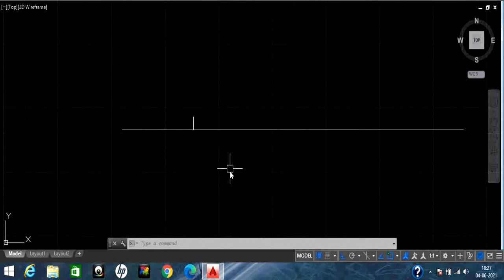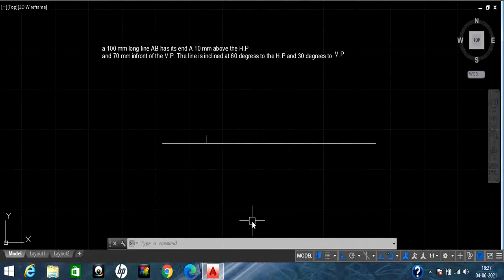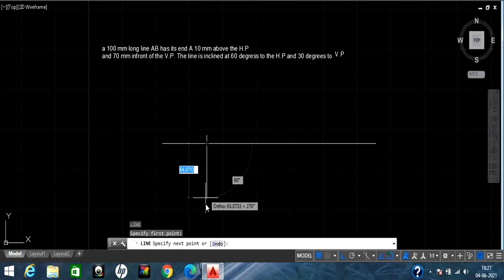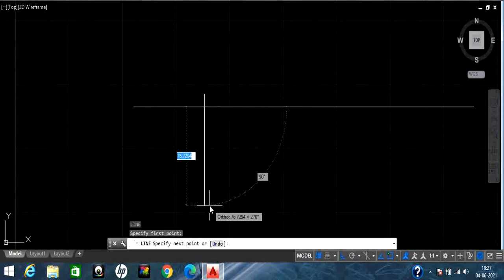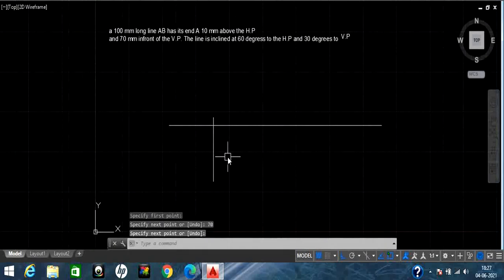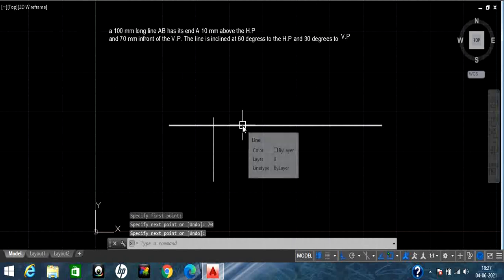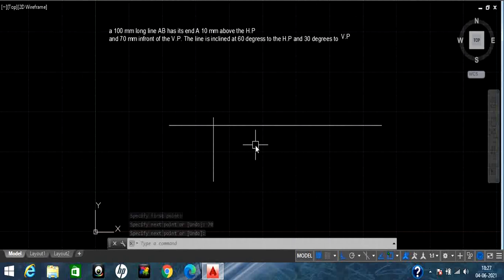Next, take the line command, L, enter, which is the shortcut for line, and type 70 mm in front of the VP. The points concept and lines are completed. This is the 10 mm and this one is the 70 mm.